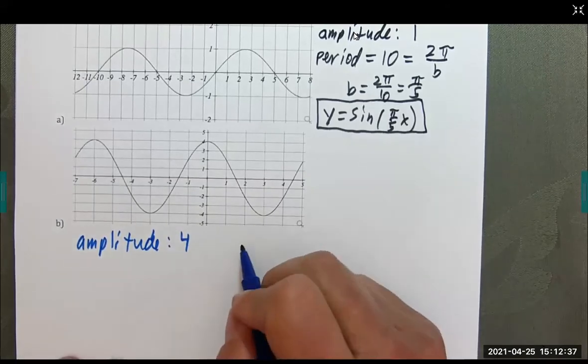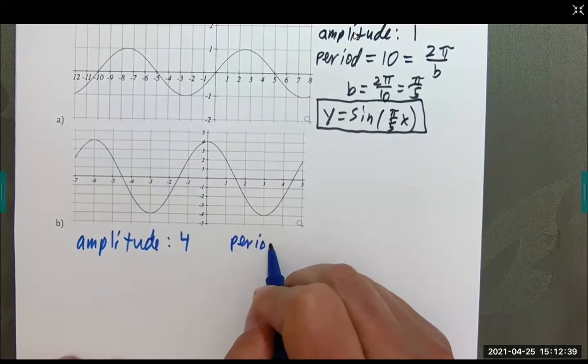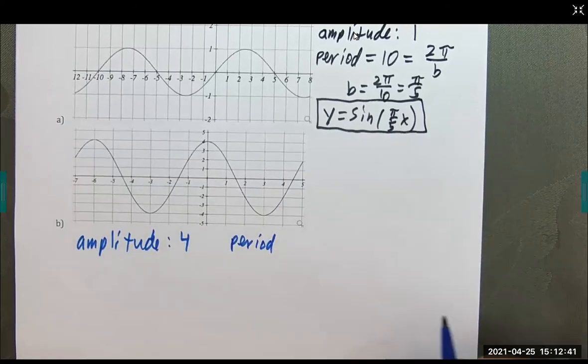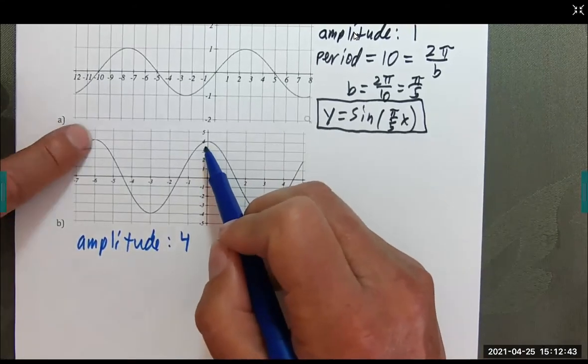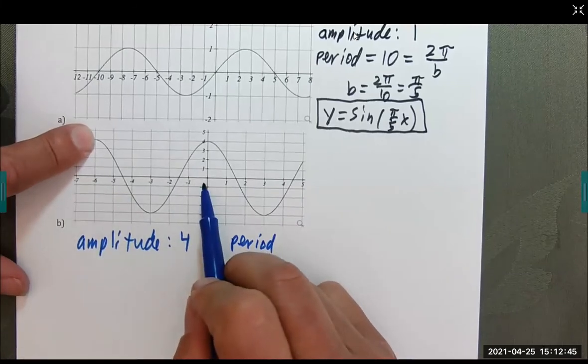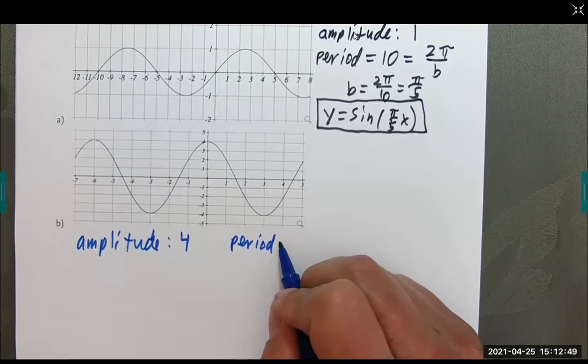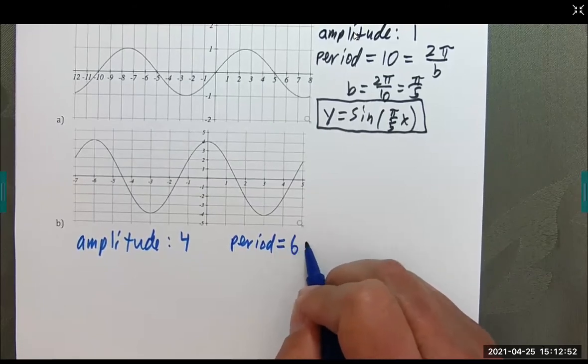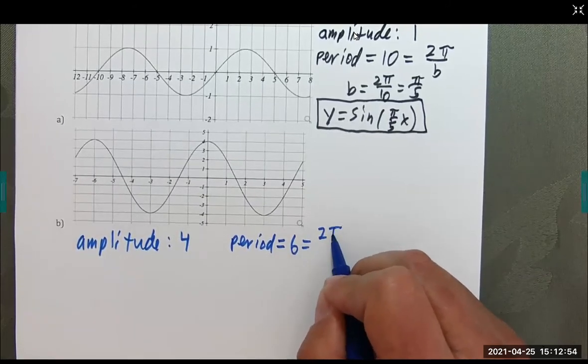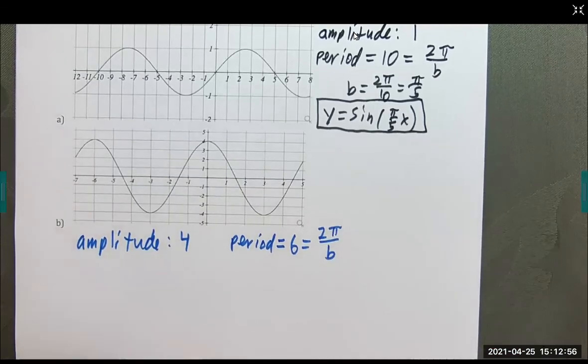Now the period, it looks like it cycles 1 full cycle. That's a distance of 6. So that would continue on to 6. So this means that the period 6 is equal to 2 pi over b.